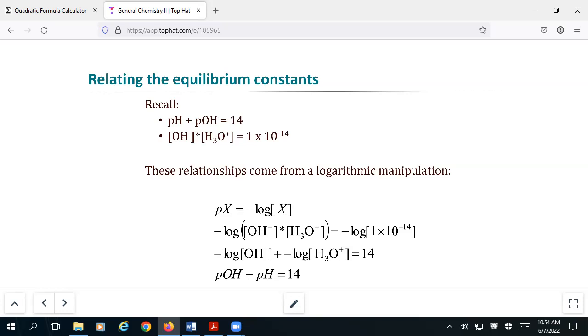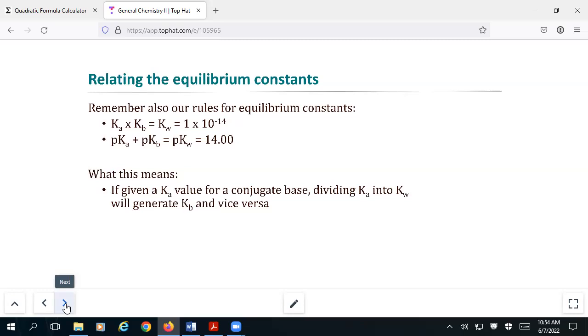Well, there's another such manipulation that we can do using our Ka and our Kb values. We know that Ka multiplied by Kb will give us our Kw value. So this whole idea of conjugate theory quantifies itself with these constants.